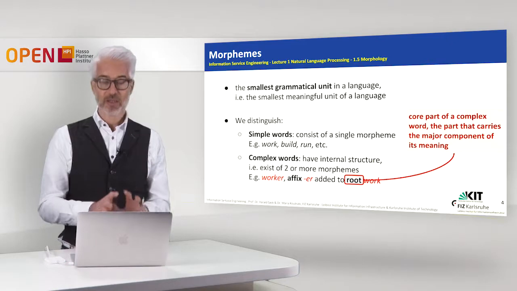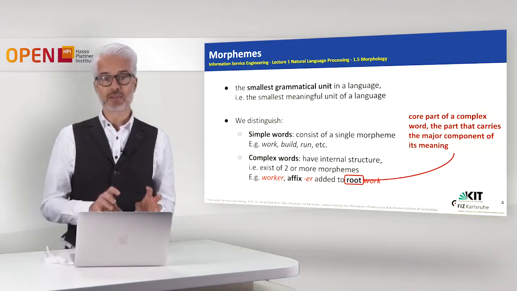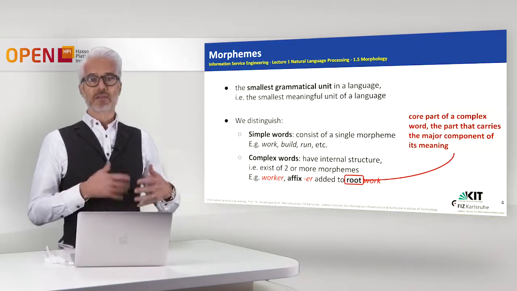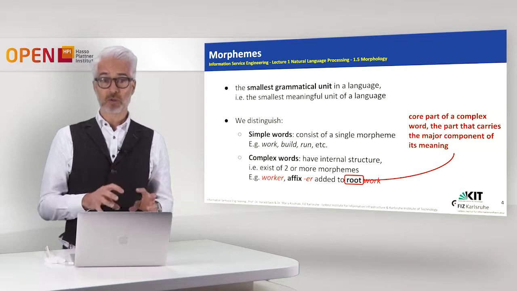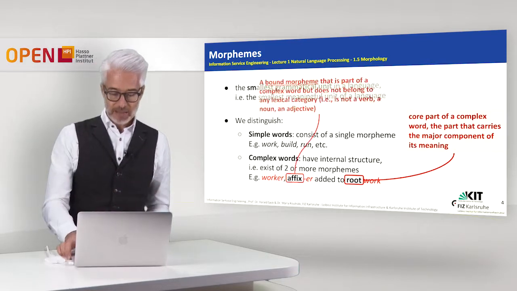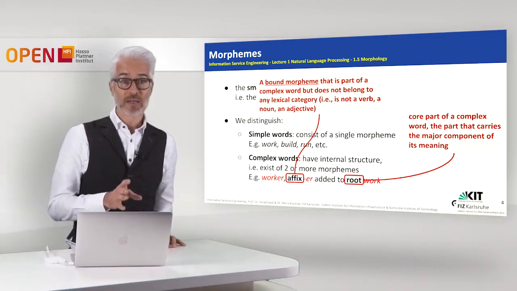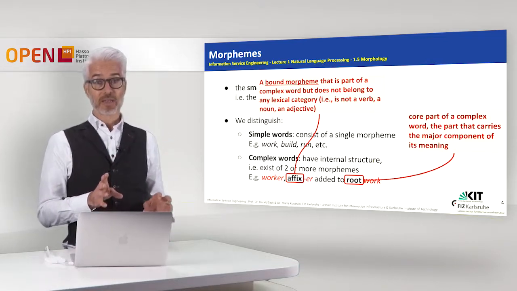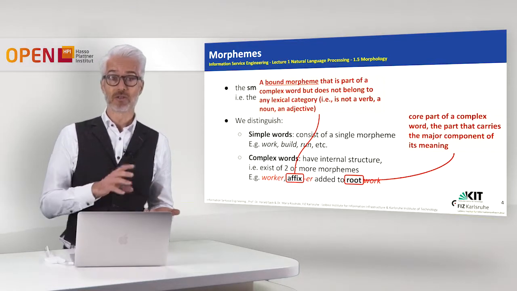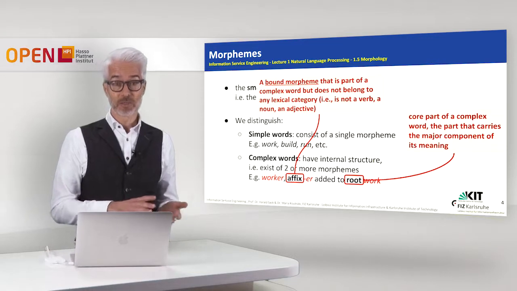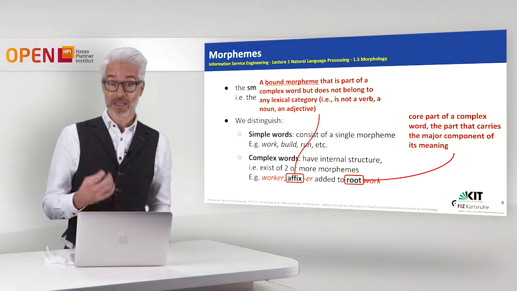We have here the core part, the root of a complex word, and this part usually is the major component of the word, and it carries also the majority of the meaning. On the other hand, you have here the affix. This is a so-called bound morpheme, and this part of a complex word usually does not belong to any lexical category. So this is not a verb, this is not a noun or an adjective, but nevertheless it often changes the meaning of exactly the root.